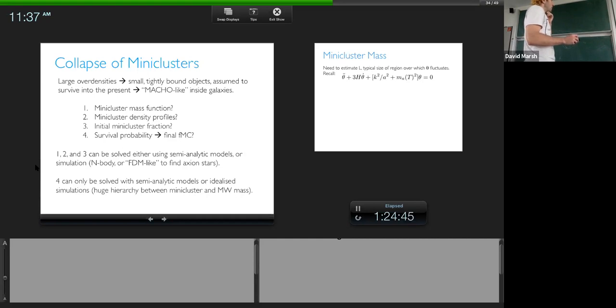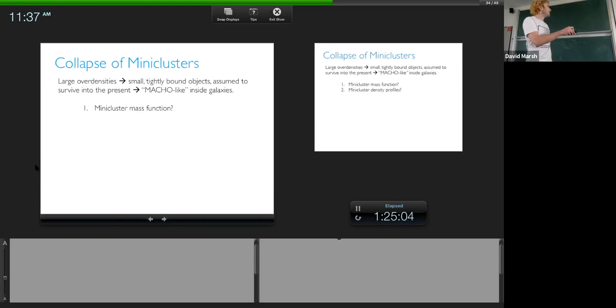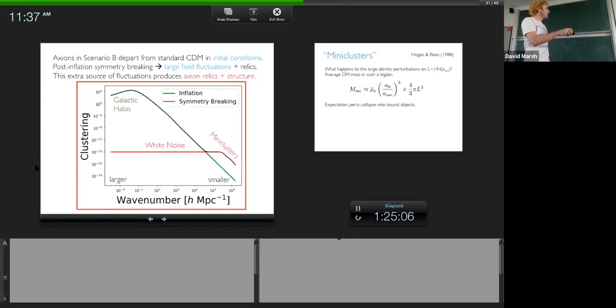Number 4, the survival probability, can only really be solved using semi-analytic models, and that's because you've got no chance of starting with fluctuations, as we'll see, at 10 to the minus 11 solar masses and evolving them all the way to the present day and forming the Milky Way. Or from the power spectrum, you've got no chance of starting with fluctuations at 10 to the 9 inverse megaparsecs and following them all the way to a megaparsec.